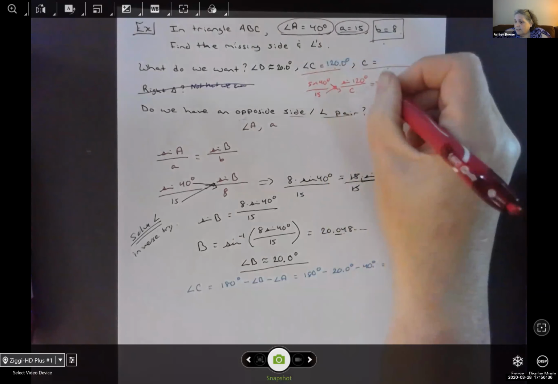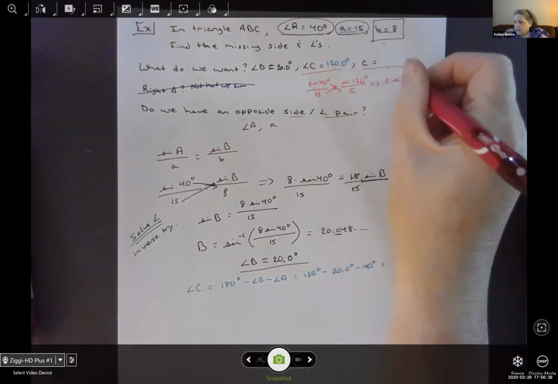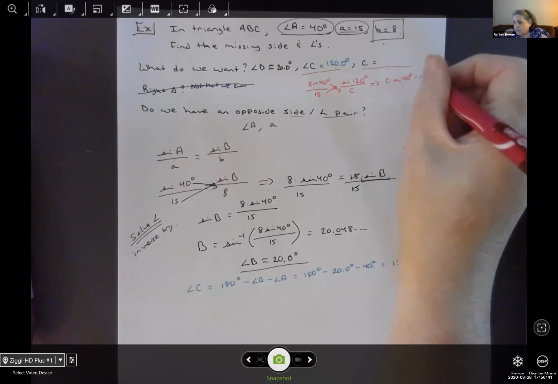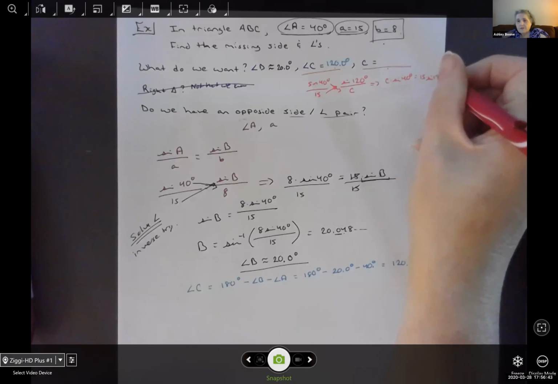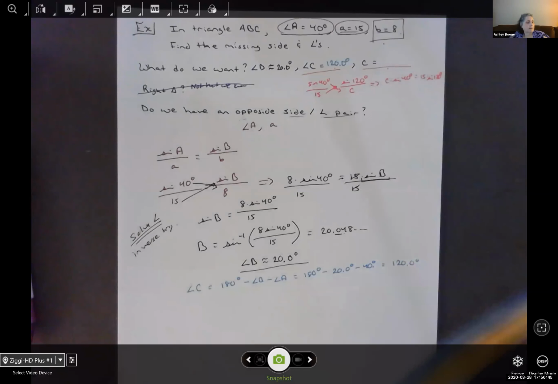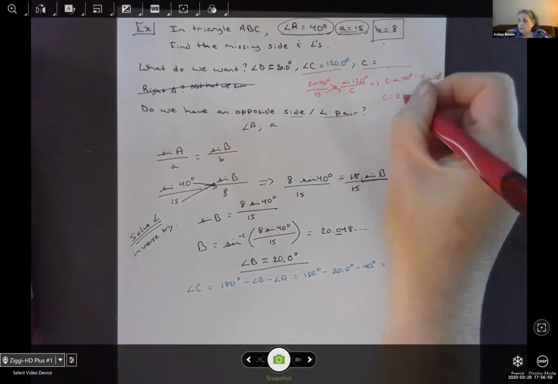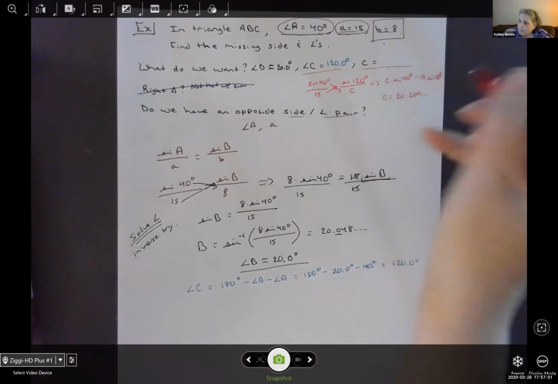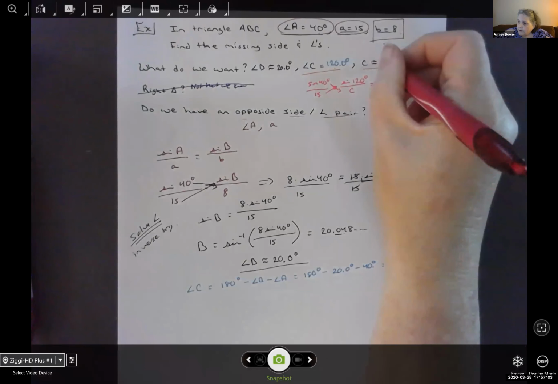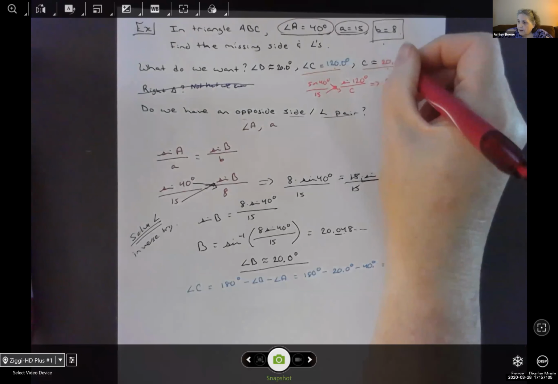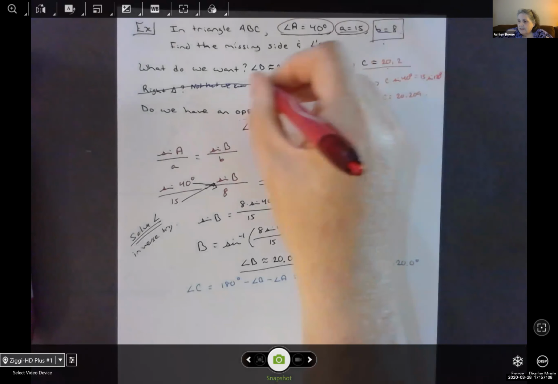So I get C times the sine of 40 degrees equals 15 times sine of 120 degrees. If you solve for that, we get C is 20.209. It goes on. So C is approximately 20.2. Okay.